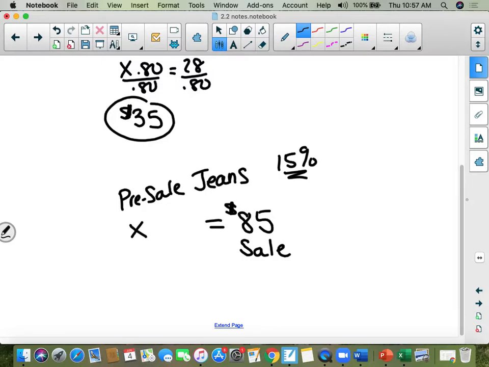You're trying to figure out what the jeans cost before. You're not going to put 15 there. You're going to put 0.85 because 0.85 and 15 add up to 100%. So if you take 85 and divide it by 0.85, your jeans were $100 to start with. So remember that.